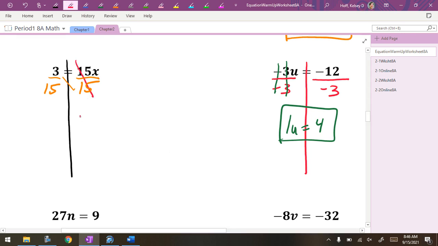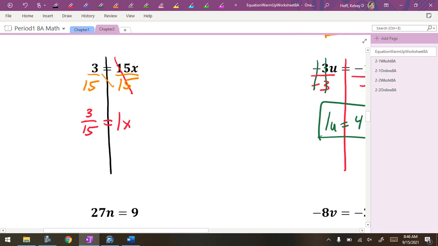Okay. So I get 1x. And when you type 3 divided by 15 on your calculator, Jack just told me, you get a decimal. Does Ms. Hoff accept that? So what do we do? Drag it straight down. 3 divided by 15, or 3/15. And then you got to check, is there anything I can reduce?